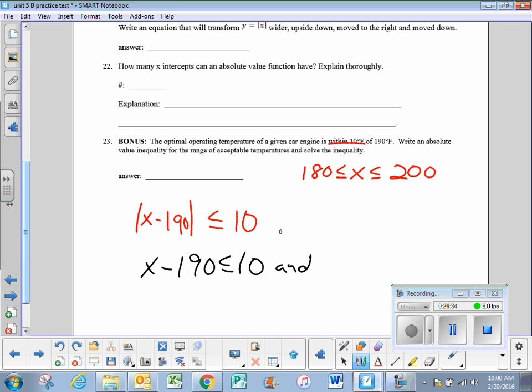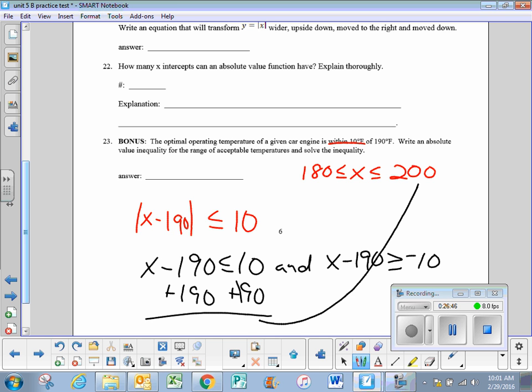And does x minus 190 greater than or equal to negative 10 give me the answers I want? If I add 190, I get x is less than or equal to 200. Here, if I add 190, I get x is greater than or equal to 180. So that is the right inequality, an absolute value inequality, to get that solution.